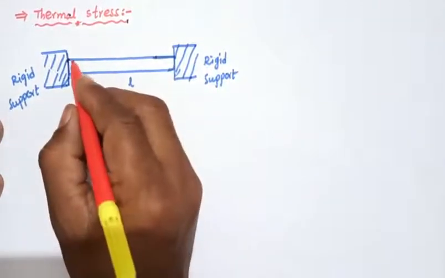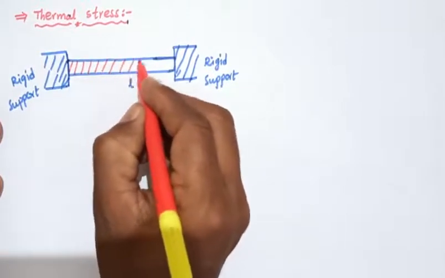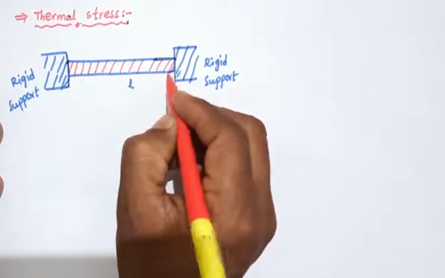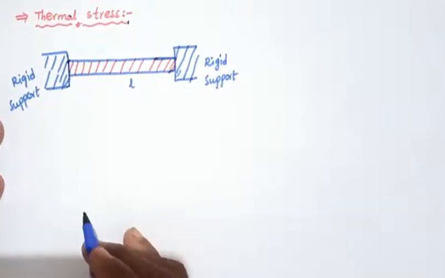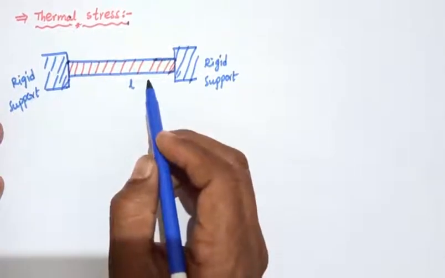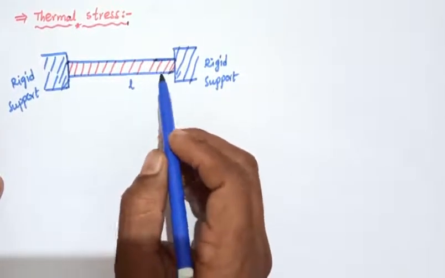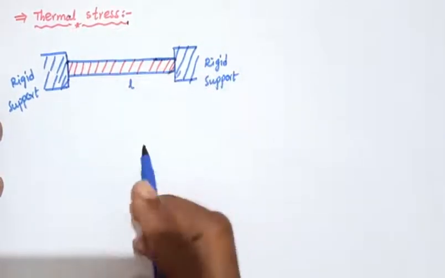So when the external forces are applied on the rod, what happens? The rod acquires compressive strain. It is compressed, which means it is contracted.